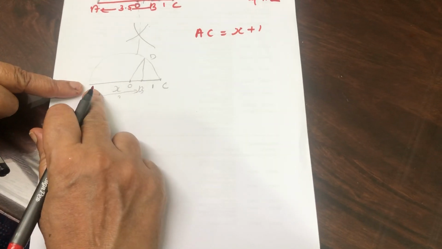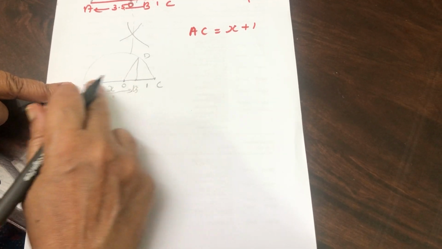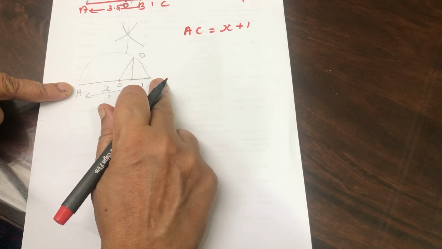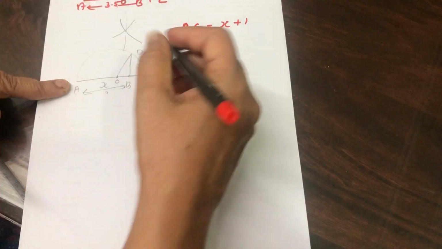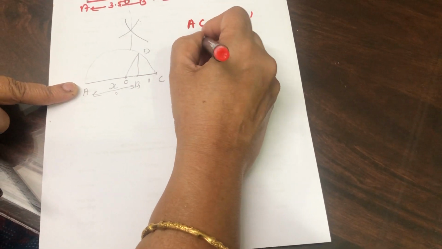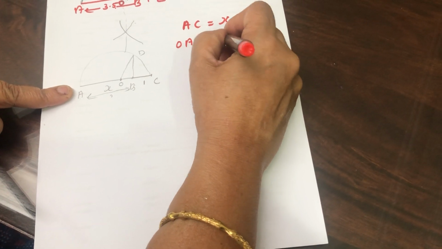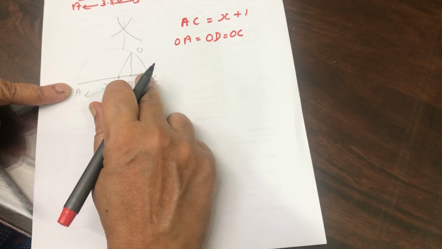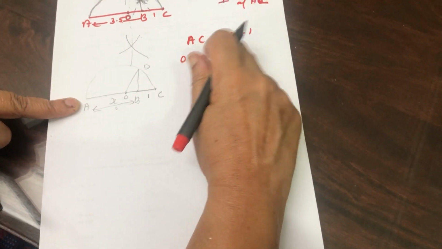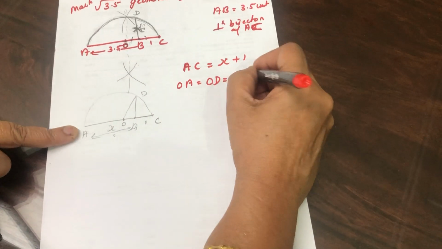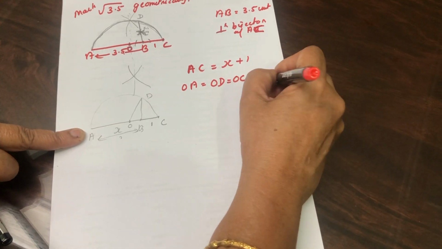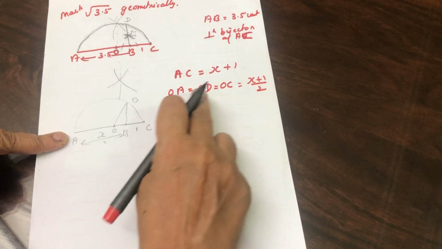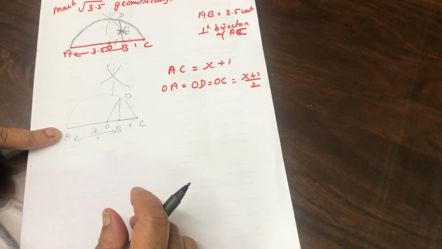O is the midpoint, OA is the radius, OC is the radius, and OD is the radius. So OA is equal to OD is equal to OC. AC is x plus 1, so this is (x plus 1) by 2. So OD is equal to (x plus 1) by 2.